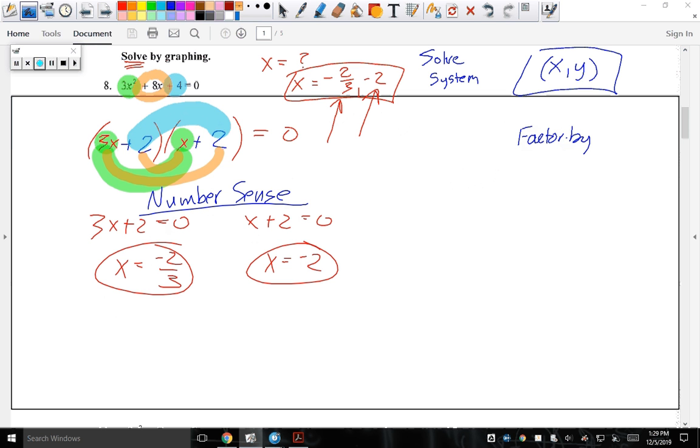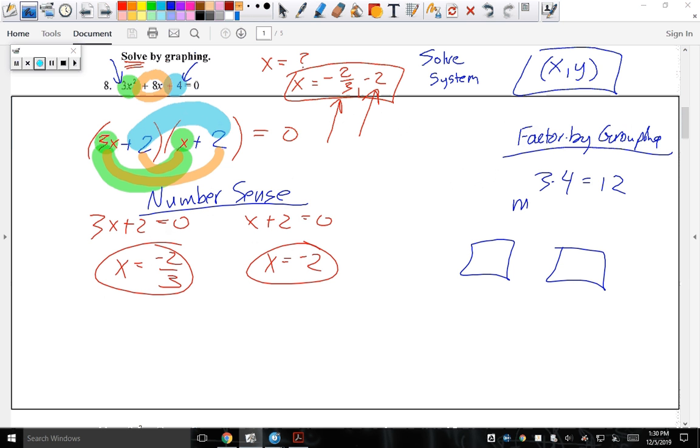Okay, so factor by grouping is going to first multiply my A and C terms. So 3 times 4 gives me 12. I need 2 numbers that will multiply to get a 12, and they will also add to give me the center term, which is an 8. So you tell me, what 2 numbers multiply to give me 12, but they add to give me 8? 2 and 6.